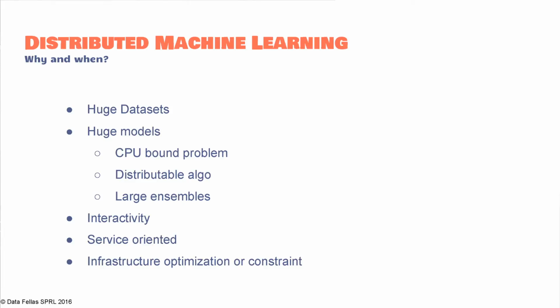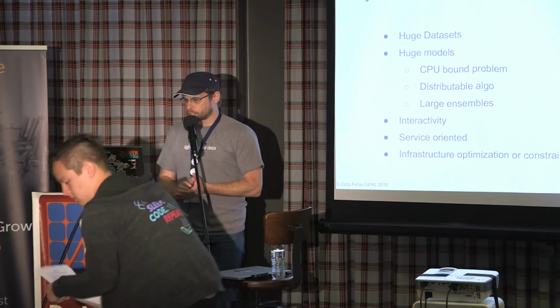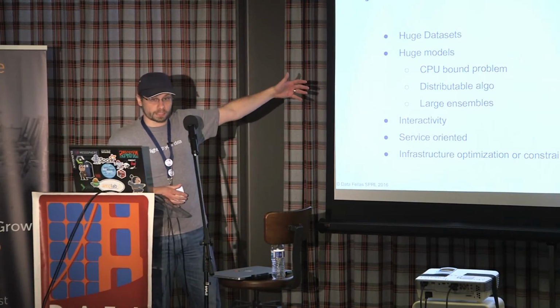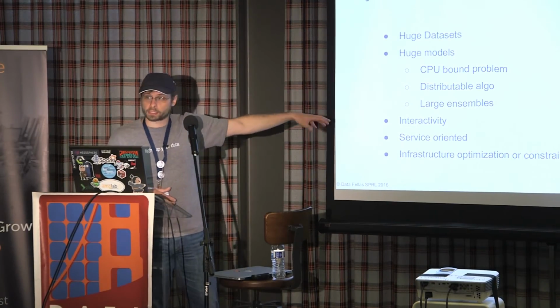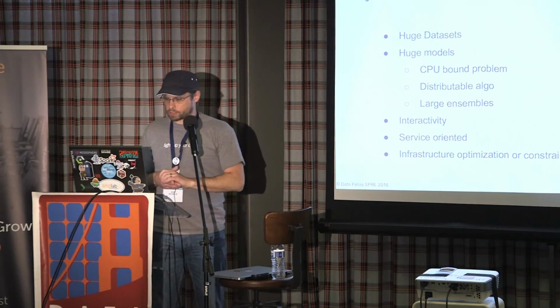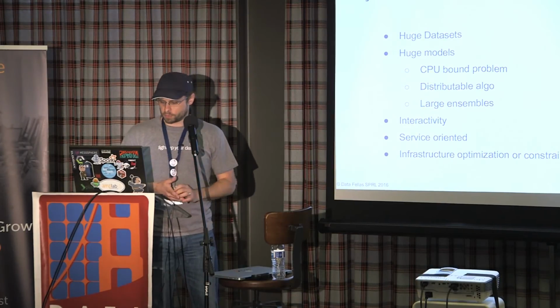Distributed machine learning: it's important to be distributed. Why and when? When it's easy, as fast and as soon as possible. The reason you want distributed machine learning is that our data sets are getting huge, multi-terabytes, reaching petabytes in this area. We have huge models, so you are hitting the limits of a CPU model on one machine, and we want distributed algorithms.